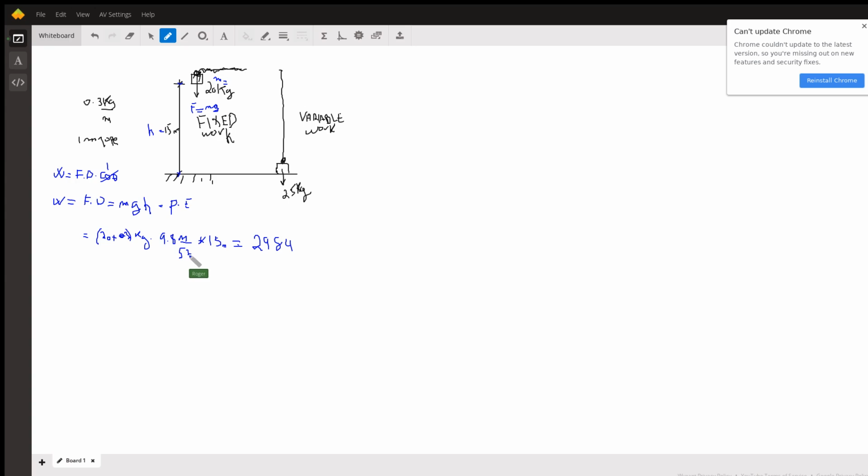Kilogram meter per second squared times meter gives you kilogram meter squared per second squared. And that is a unit of joules. So 2984 joules. Okay. So this is your work, the fixed part, fixed work.